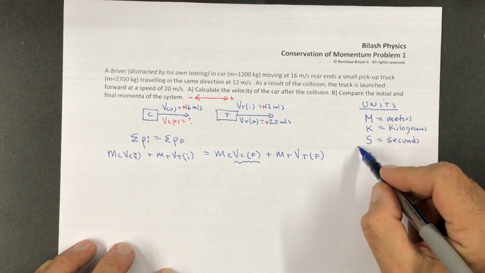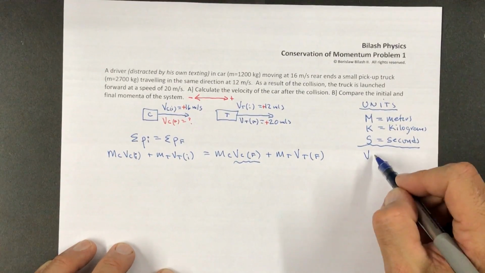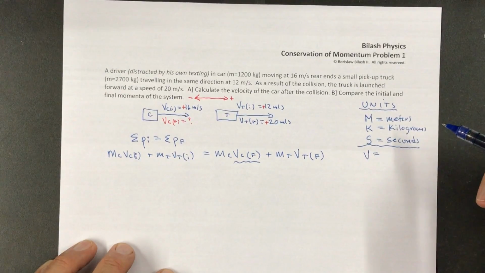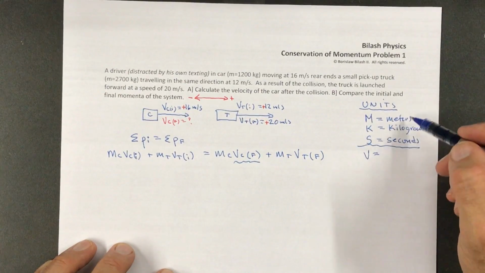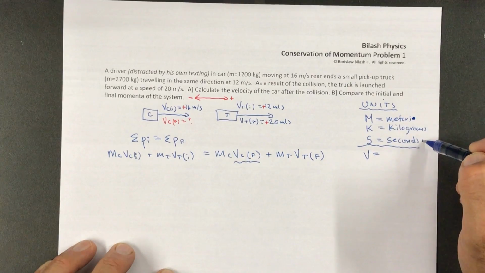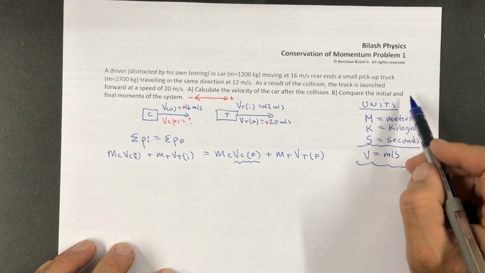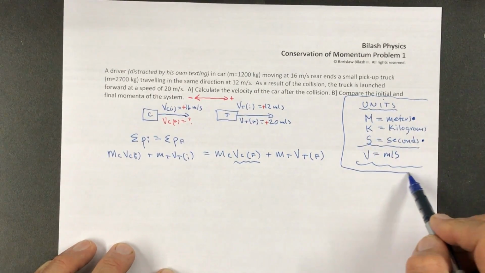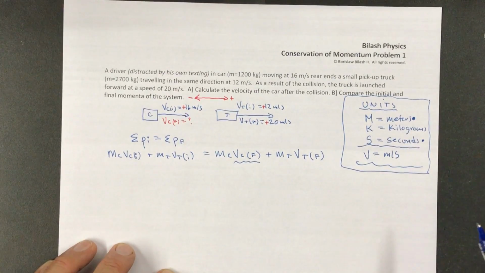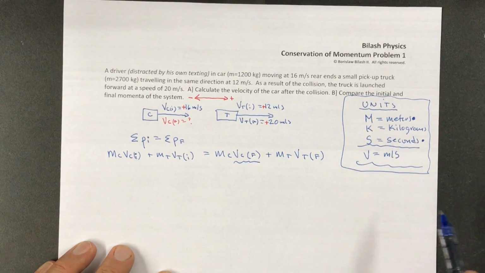Velocity uses both distance and time, so the velocity units are meters per second. Remember, those are the standard units used in all calculations.